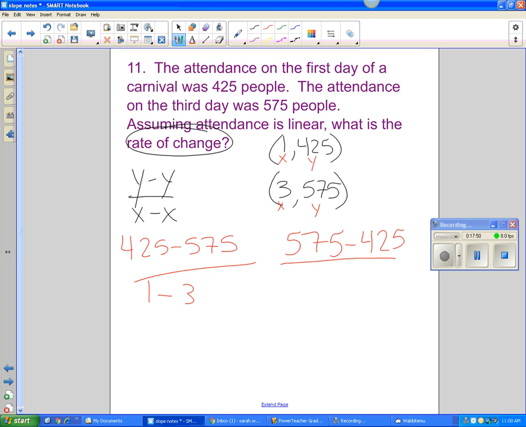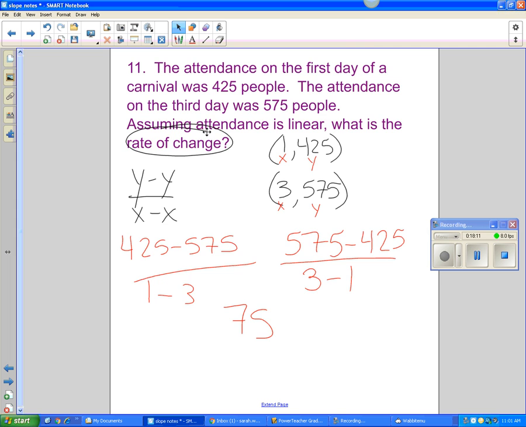You'd have to switch the bottom too. So it doesn't matter which one you do, but you have to do the same way on the bottom as well. So either one of these will give you the same answer. Okay? Louis, what'd you get? 75.